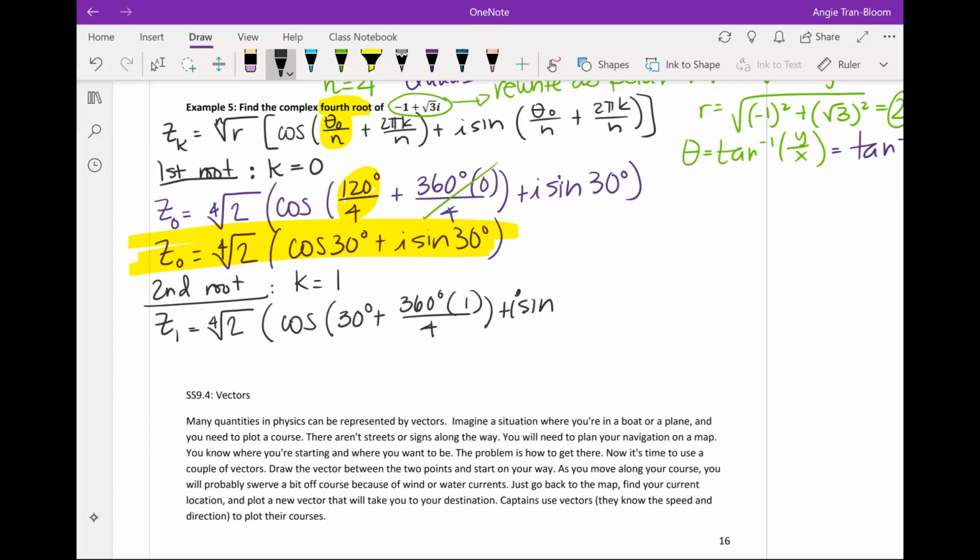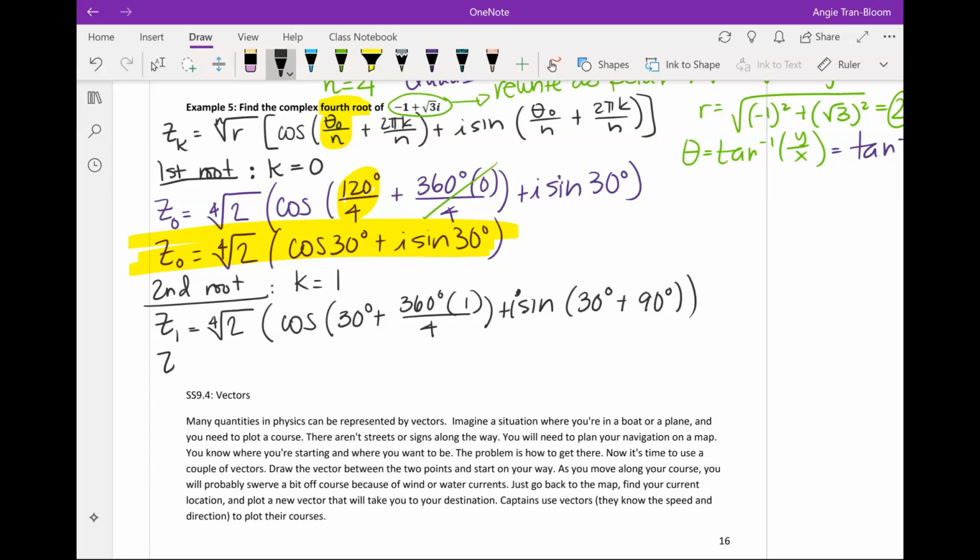So what's 360 times 1 divided by 4? That's 90. So can you see going from root 1 to root 2, I'm just going to add 90. So I sine, I'm just going to go straight to 30 plus 90, which is what? 120.